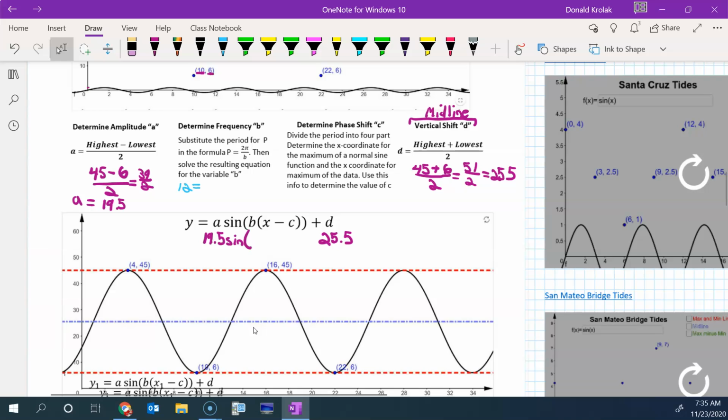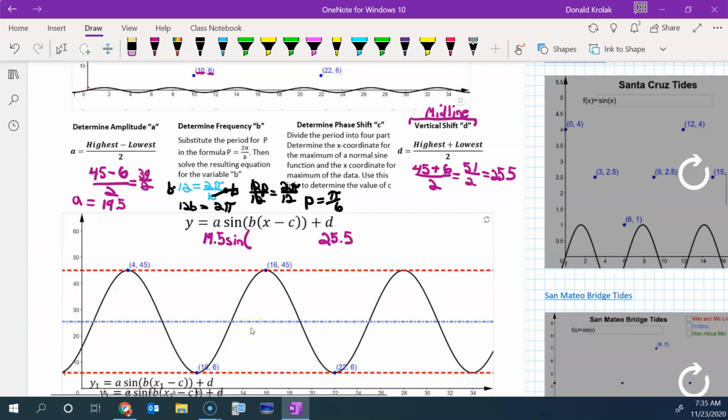12 equals 2 pi over B. Now I'm going to solve that for B. 12B equals 2 pi. Now divide both sides by 12, and reduce that to lowest terms to get pi over 6.